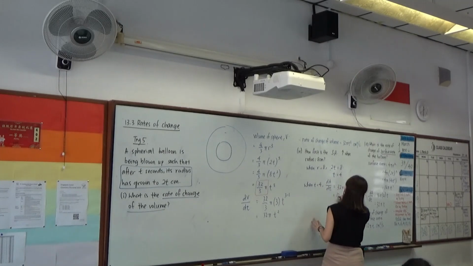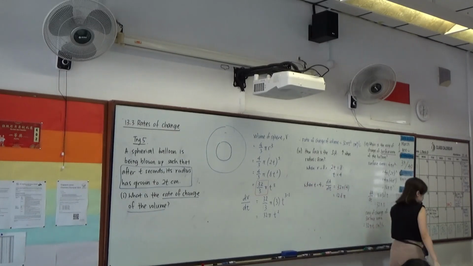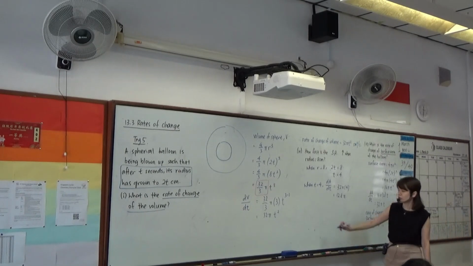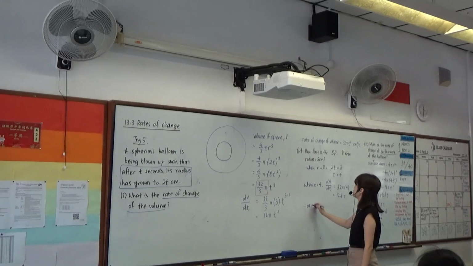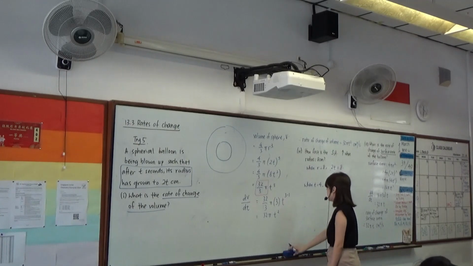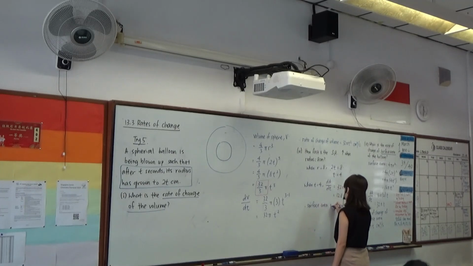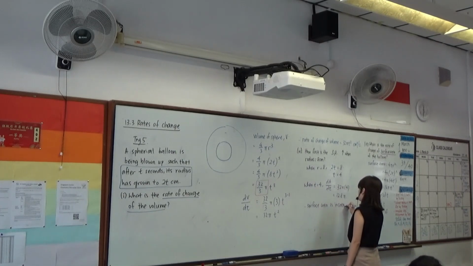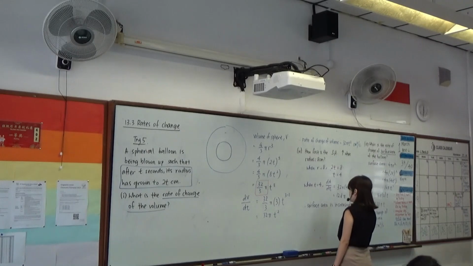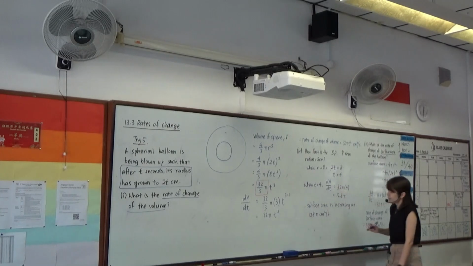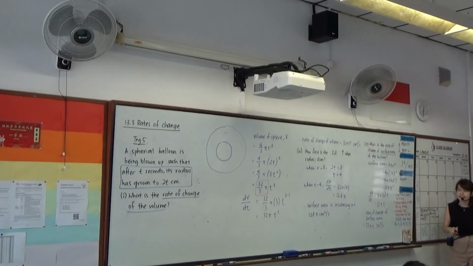That will be 128 pi. And we conclude that the surface area is increasing at 128 pi cm squared per second.